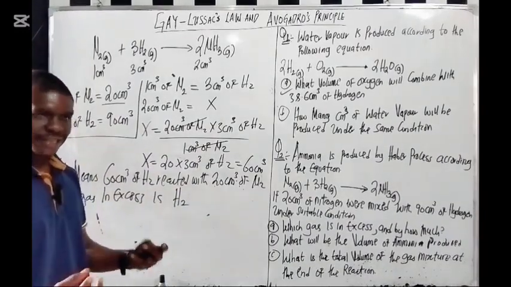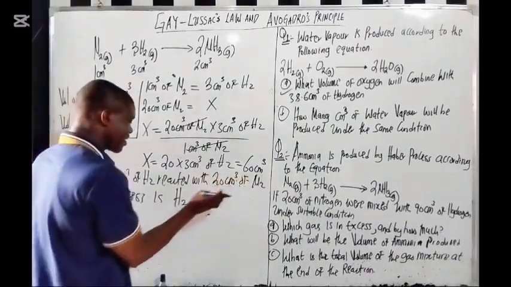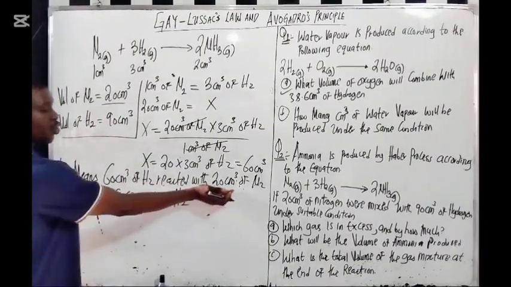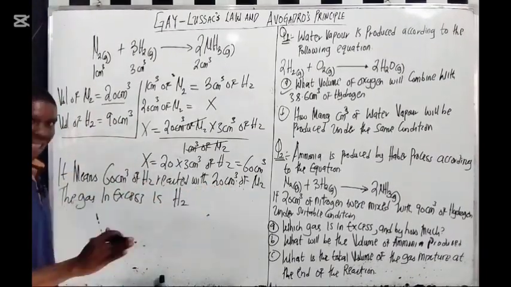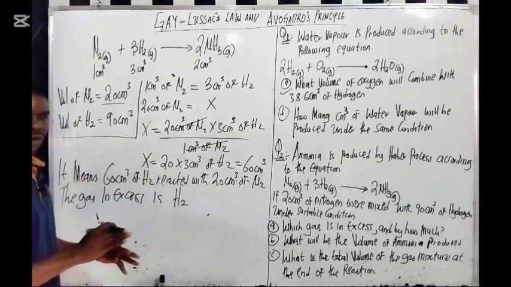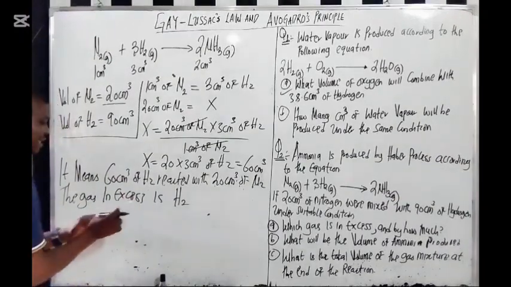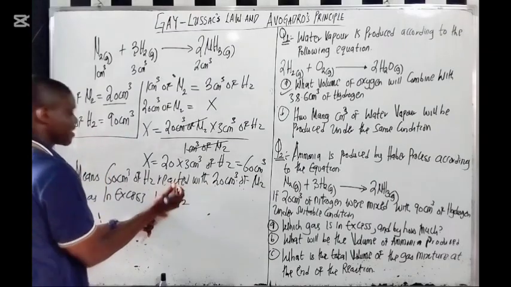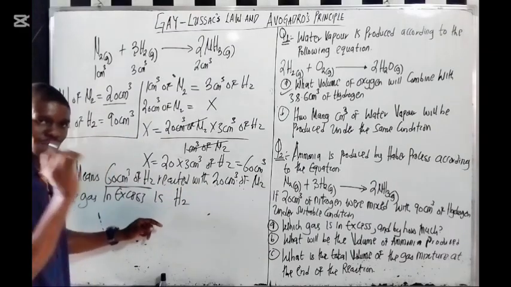Why is it in excess? Because only 60 cm cube of H2 reacted with 20 cm cube of N2. That is the reason why. So H2, 90 was given to us, but only 60 reacted. Please, I want you to understand it here.